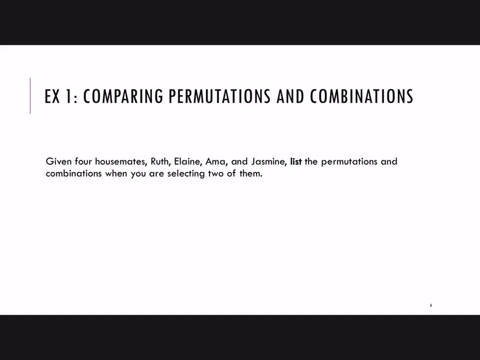Okay, so permutations, we'll start with that. So we want to choose 2 out of 4 and then arrange them in different orders. All right, so we could choose, and I'll just use first initials here. So we've got Ruth and maybe Elaine, Elaine and Emma, Emma and Jasmine.